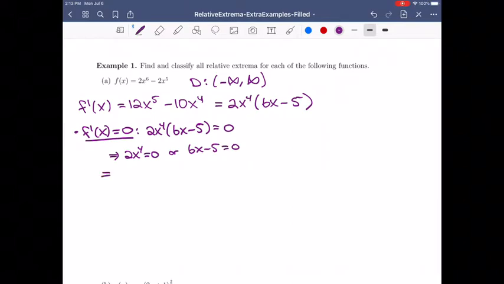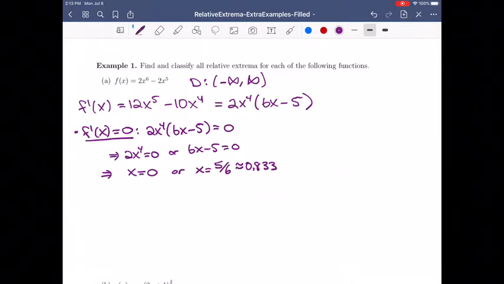The first one is 0 when x is 0. And for the second one, this is going to be 0 when x is 5 over 6, which, let's just approximate that. This is approximately 0.833, just so we know.